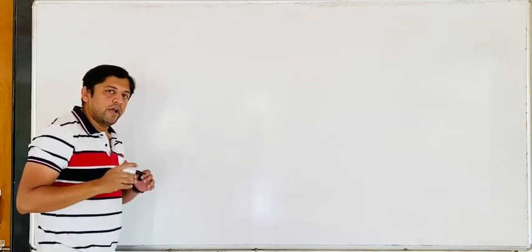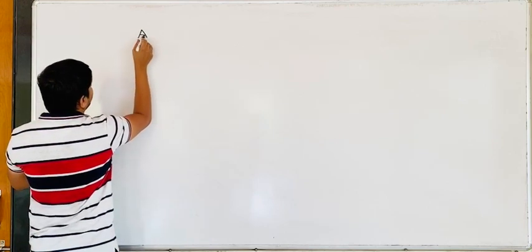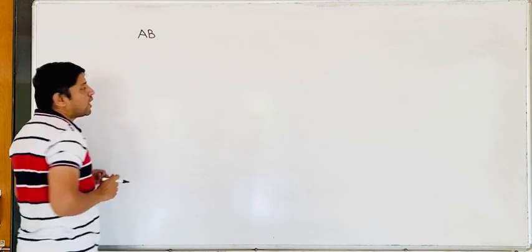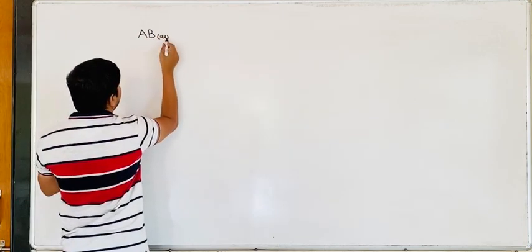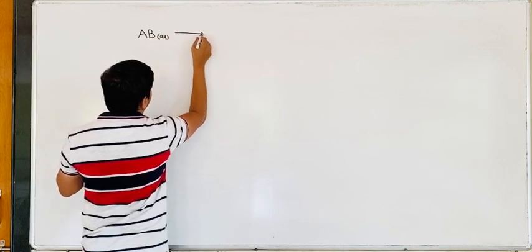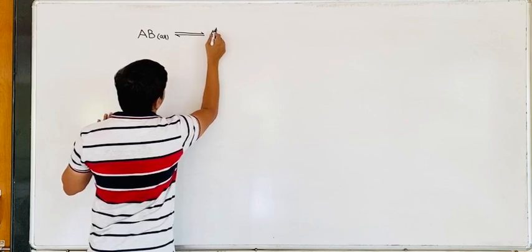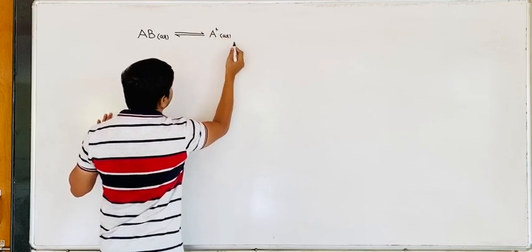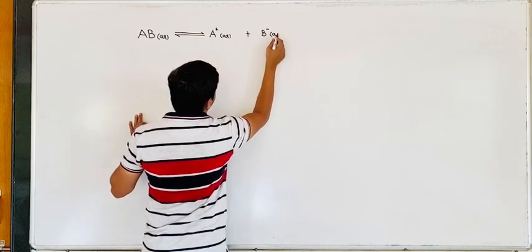Now consider one hypothetical example. Let's consider a salt AB. It is a water soluble salt which dissociates into its own ions. So when AB aqueous is added in water, it dissociates into A plus aqueous ion plus B minus aqueous ion.